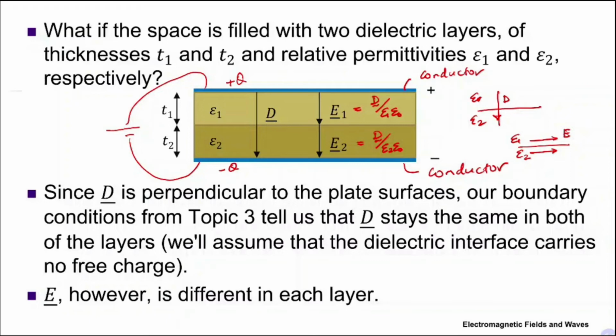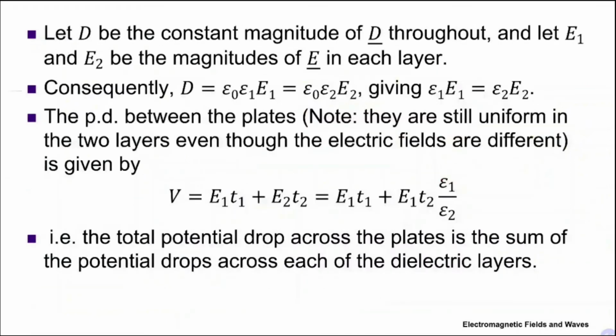Okay, so that's from the boundary conditions. D is the same, so it's a constant. So D equals epsilon naught epsilon 1 E1, which is also equal to epsilon naught epsilon 2 E2, and therefore the epsilon naught cancels out. We work out that epsilon 1 E1 equals epsilon 2 E2.